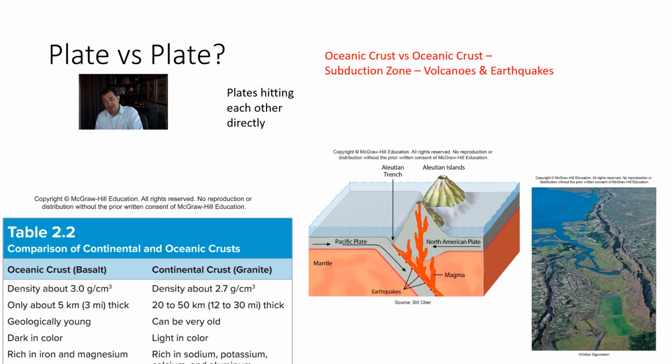Because they're volcanoes in the ocean, they many times will cool and surface and form islands. The Aleutian Islands are an example of those. You get earthquakes and volcanoes there because you once again have a subduction zone, with one plate going underneath another.